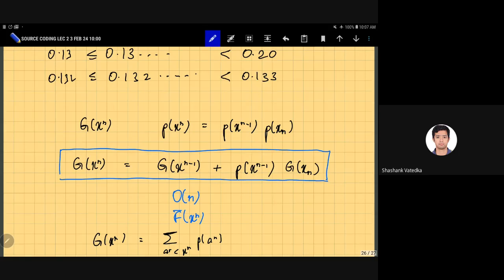Right? So the complexity of computing G of x^n is basically just linear in n. So even if we have large block sizes, we can use this formula and essentially construct the arithmetic code for any n length sequence.